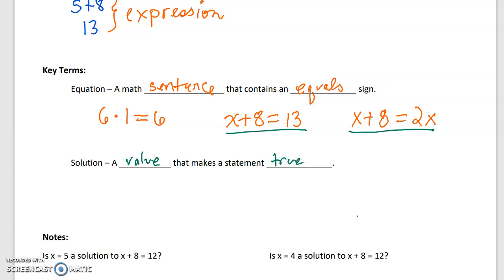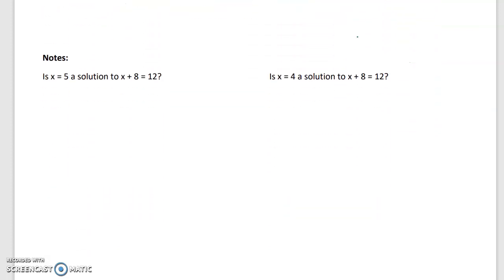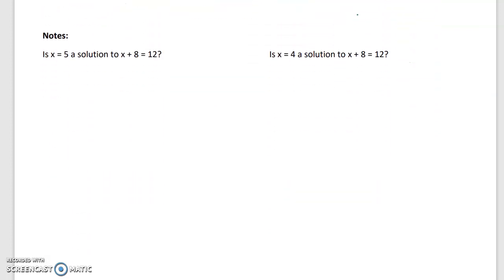Today we're not going to be explicitly solving equations, but we're just going to be testing solution values. That is going to be our main idea for the day. So let's take a look at how we do that. So we have an equation down here, and we want to know if x equals 5 is a solution to the equation x plus 8 equals 12.